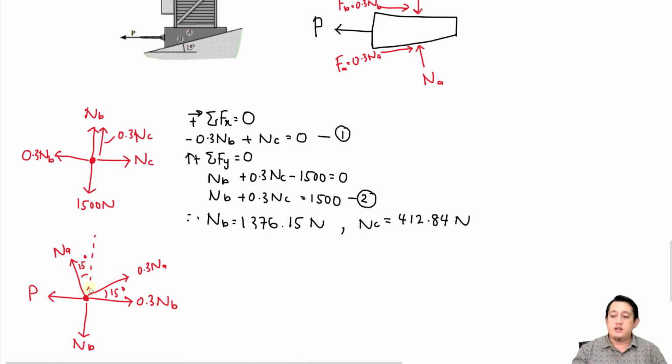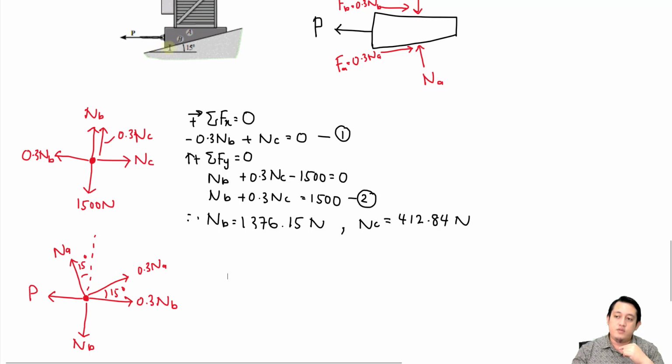Now we've done drawing this again. As you can see, we have P, NB, 0.3 NB, and NA and also 0.3 NA. Because we draw it like this, it is much easier to locate the 15 degrees here.